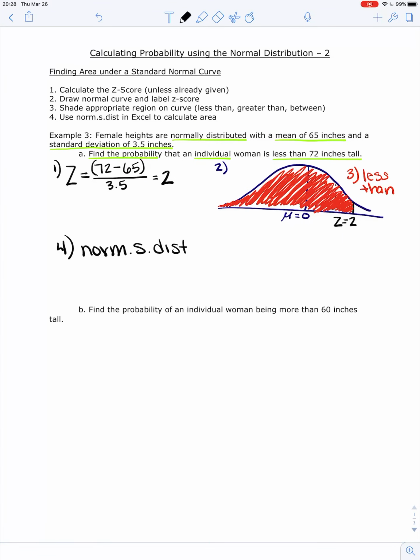So I'm going back to the notes. We did norm.s.dist, 2, true, and we got 0.9773.